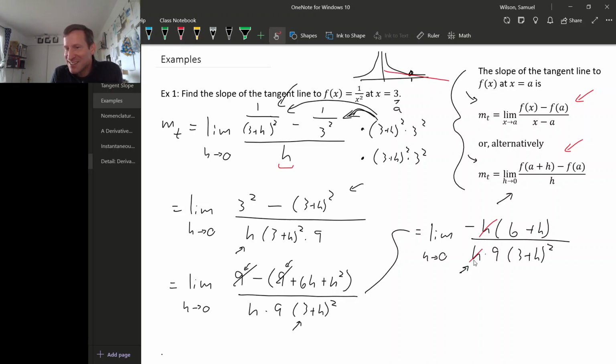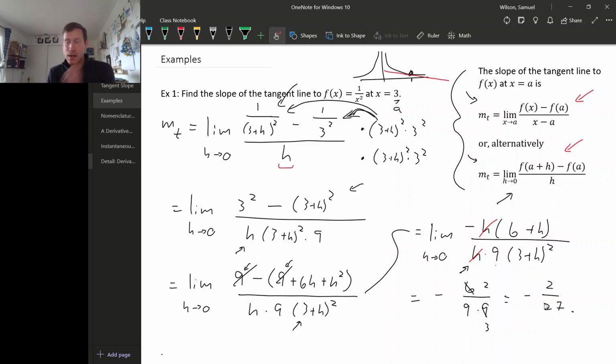The whole goal was to cancel this h so that it's safe to just plug in 0 for h. After we've canceled this h, the remaining rational function is continuous at 0 because it's defined at 0, so we can just plug in 0. So we get negative 6 over a 9 here and 3 squared, another 9 here. Cancel a factor of 3, and we get negative 2 over 27.